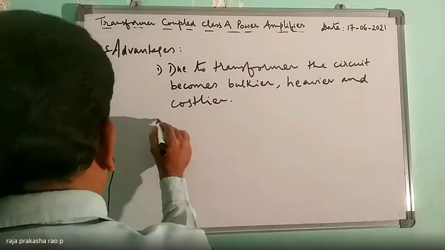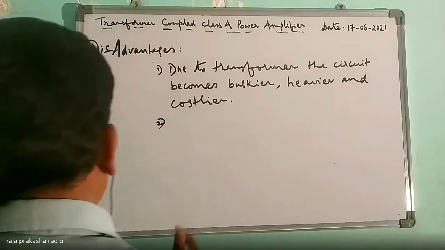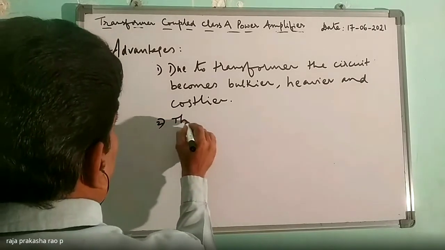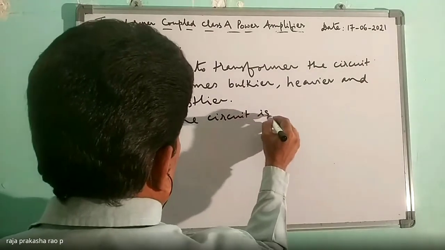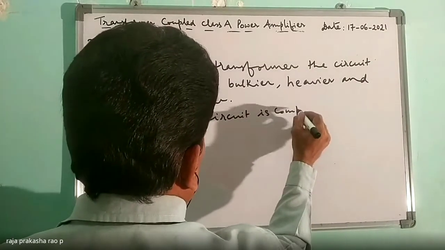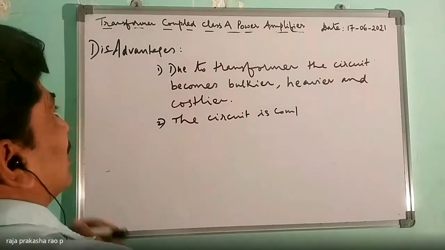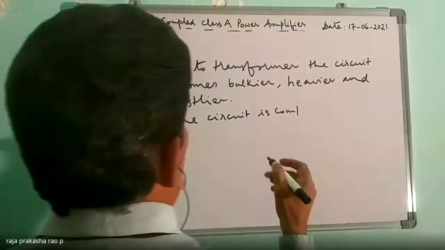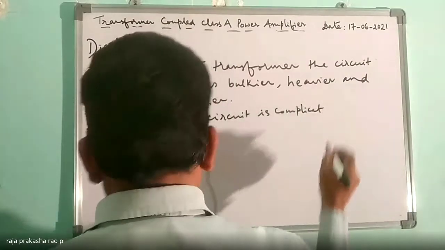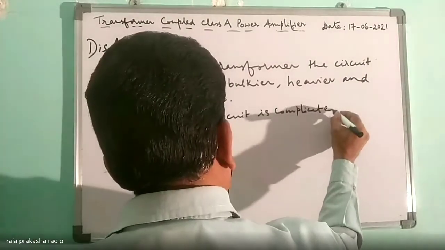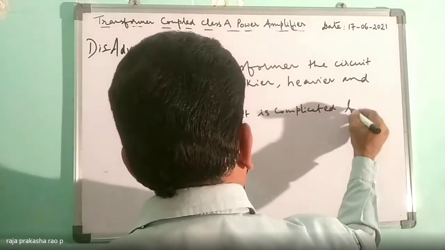And the second one is that the circuit is complicated to design. The circuit is complicated compared to the directly coupled class A power amplifier.